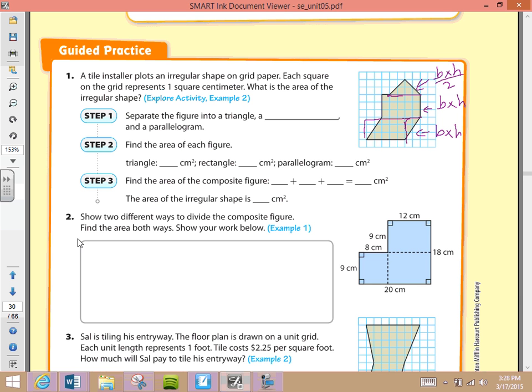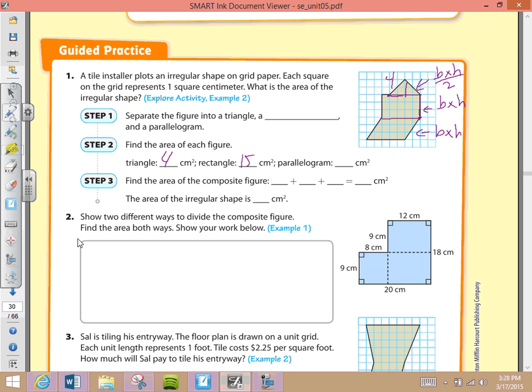Let me explain it again. So the reason why the formula works for that one, so that one is easy, right? It's 4 times 2 is 8, divided by 2, 4. So this is 4 centimeters squared. And the other one is just 5 times 3, which is what? 15. And this one, you're wondering, why is it that I can just do base times height?